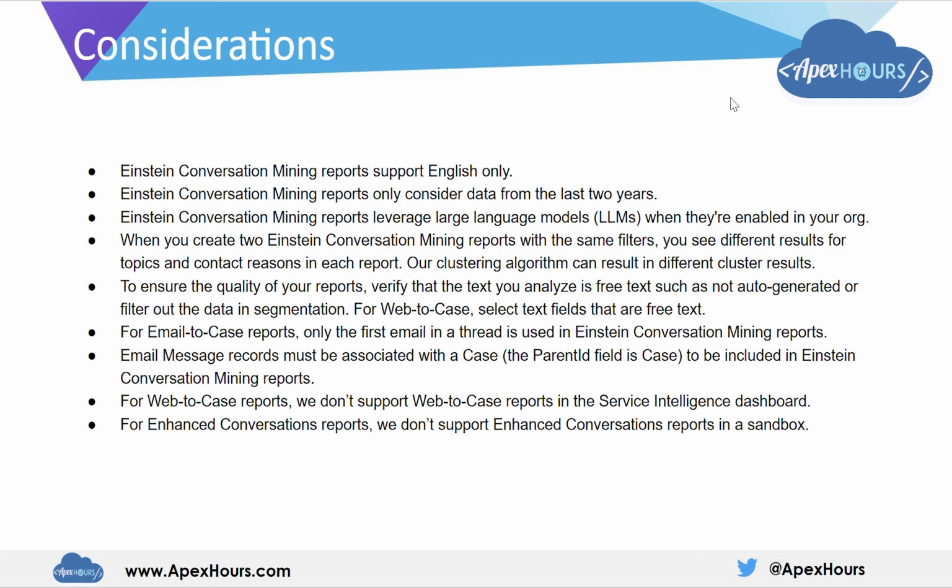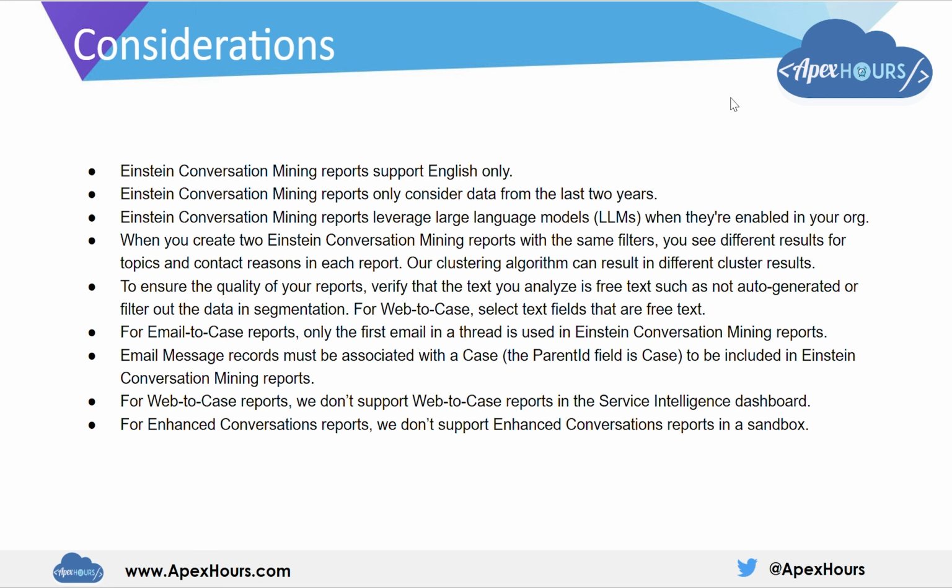And the fourth one: when you create two Einstein conversation mining reports with the same set of filters, let's say email to case, last 1 year, all conversations, and you run this twice, Salesforce mentions that the results of these two reports might be different.